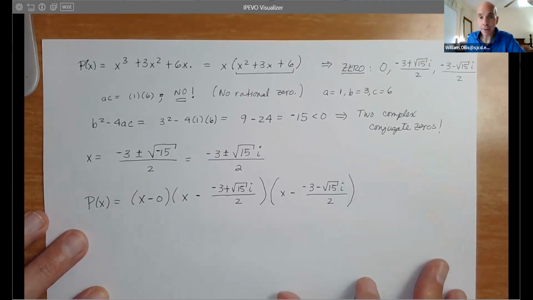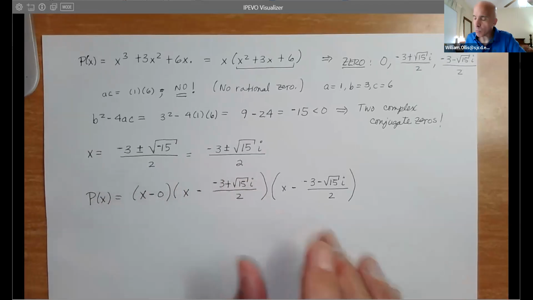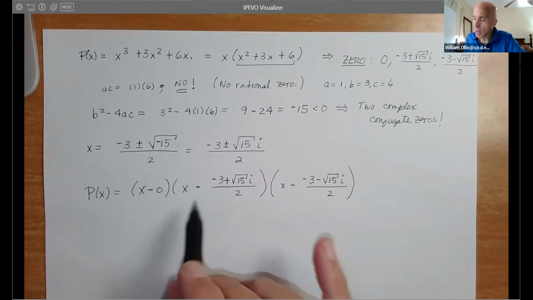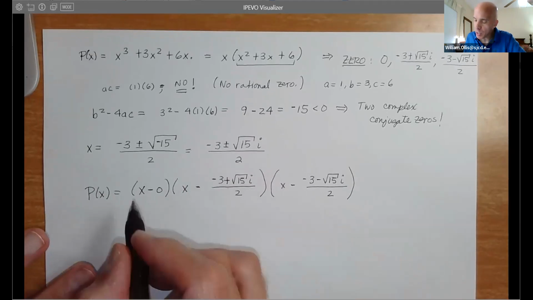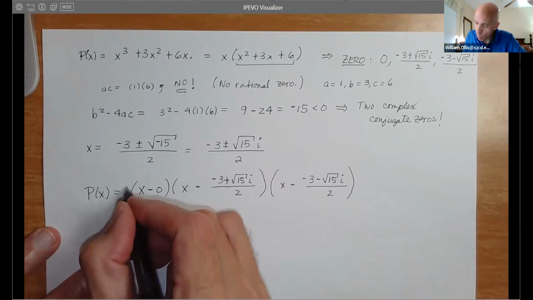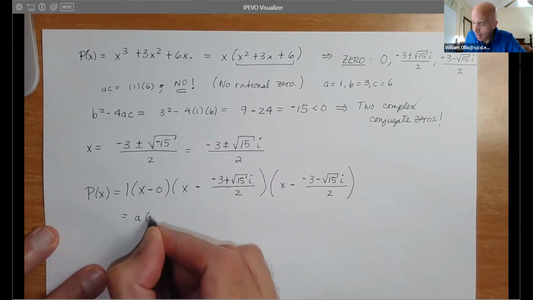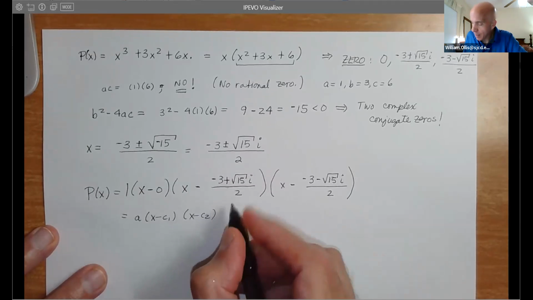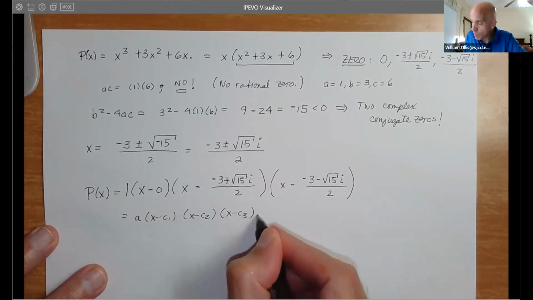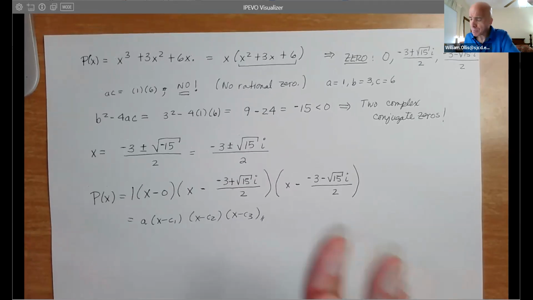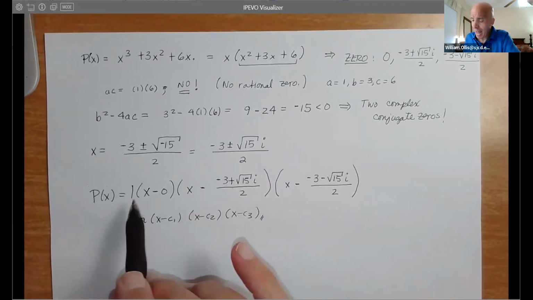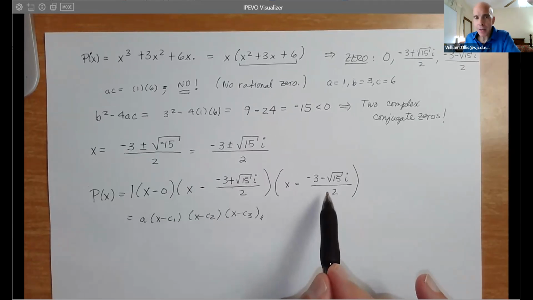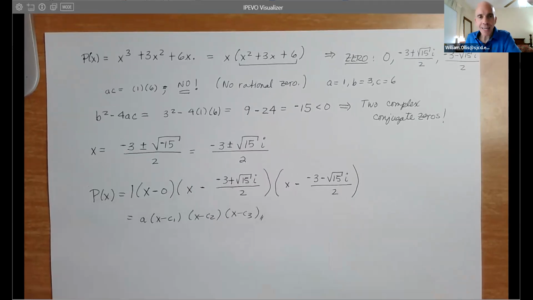So this is what I did when I was looking at your WebAssign. They are very flexible. So when you do this, you get your c1, so we can say that's the 1. So this is the a, x minus c1, x minus c2, and x minus c3. We should always be able to do this. And I know, ladies and gentlemen, I've been focusing on writing it this way because this method is very useful when you get to calculus.